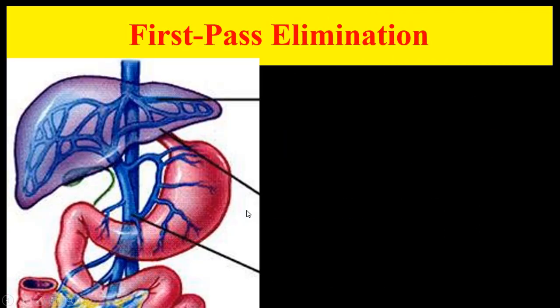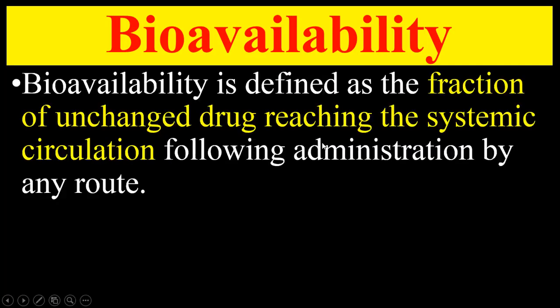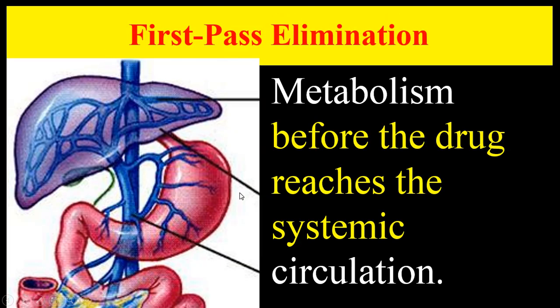Or in other words, through this diagram what we can say is, in my terms, bioavailability is the leftover. It is the leftover that reaches the systemic circulation, because it is not taken or not degraded by the path.